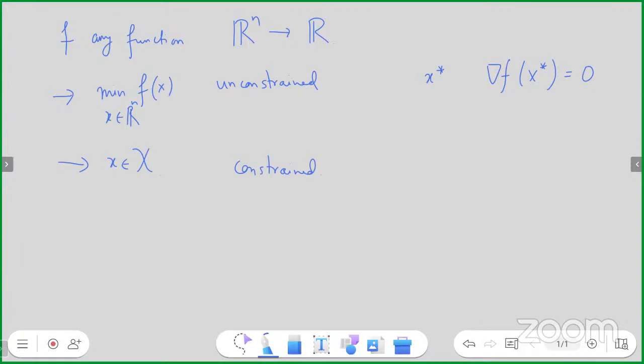Is everybody on board that, though we have not yet proven anything here, we'll prove all of this? I have not even defined local optima; I'll define local optima, then global optima. But we have had this sense for a long time that at the optimal point the gradient should be zero. But what are we assuming for that?